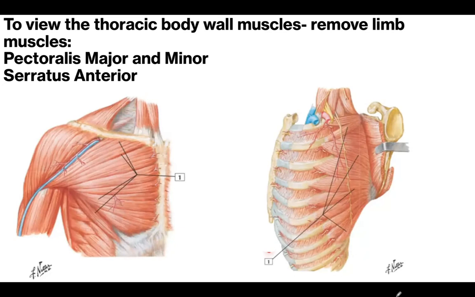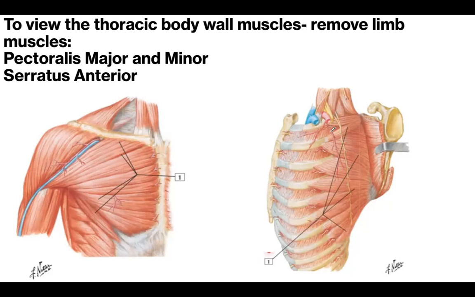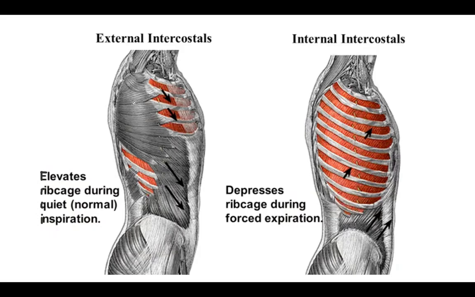That's the serratus anterior. So we got to remove those muscles, and then we can have full view of our ribs, except here in this image, the serratus anterior is still there, because again, you can see here and there, it kind of sits posteriorly and then kind of connects onto those ribs. So we can still see that muscle. So it is kind of blocking our view a little bit, but that's okay.